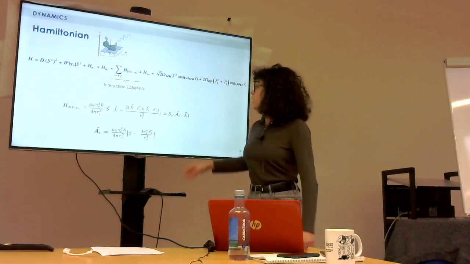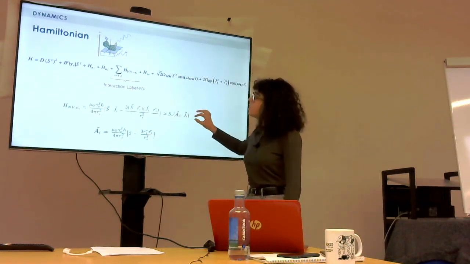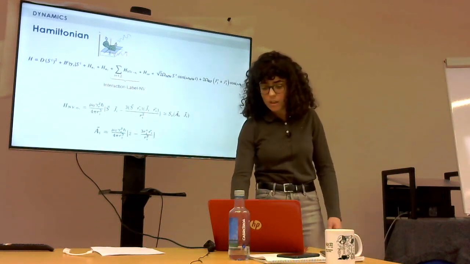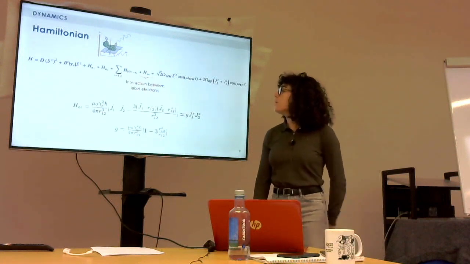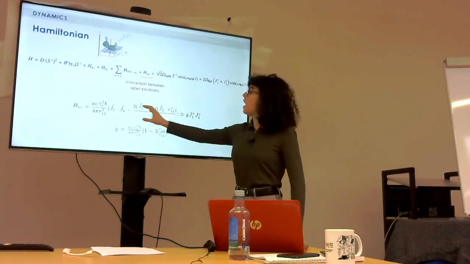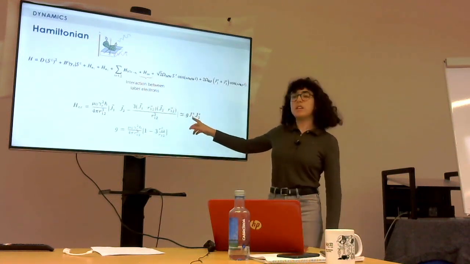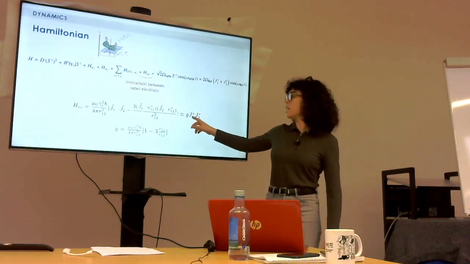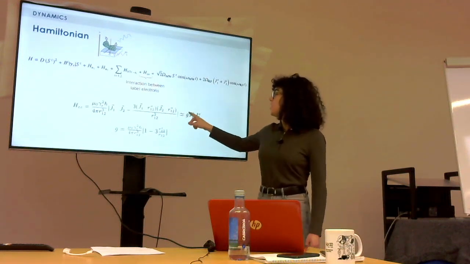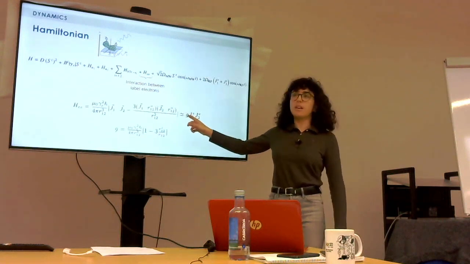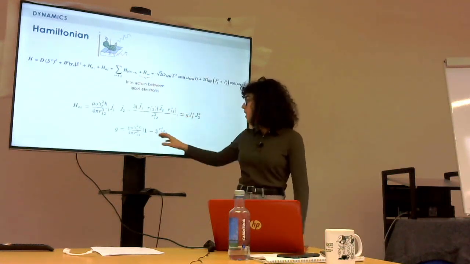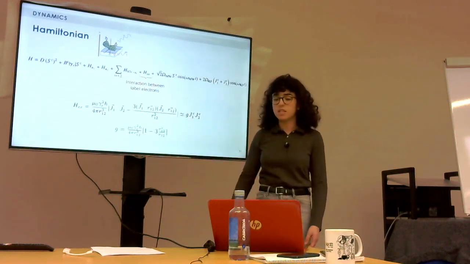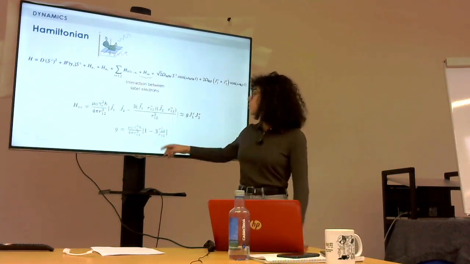We can approximate this expression with this other one. Similarly, with the interaction between the label electrons, we are left only with the Z component of the spin operators. And this G is the parameter that we are trying to extract. We can see here how it depends on the relative distance between these two labels.